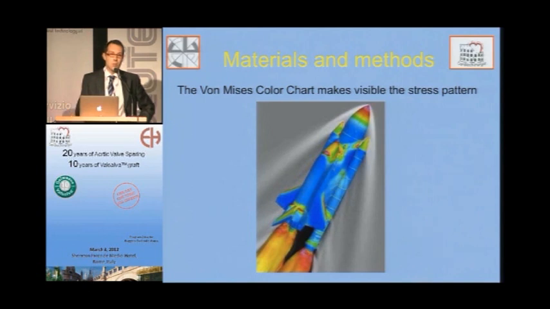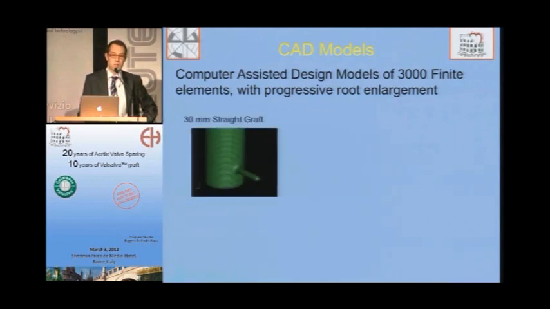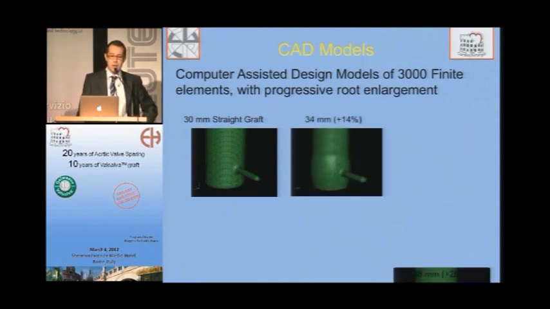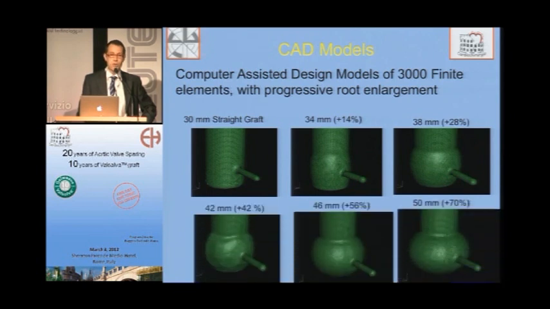Or code to express where the stress is a lot. It tends to the red end of the spectrum, and where it's not so much, it tends to the blue end of the spectrum. We started with computer-assisted design models, a simple one, a straight graft with a 90-degree angled smaller graft representing the coronary, and I enlarged it progressively, obtaining these geometries.